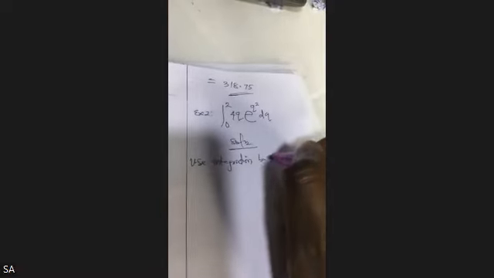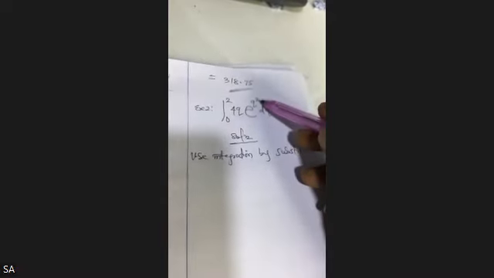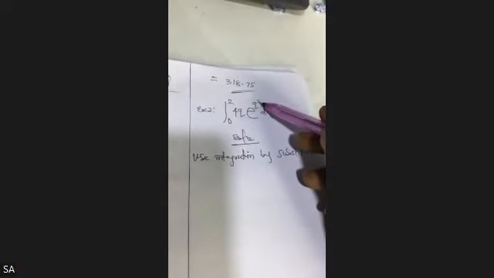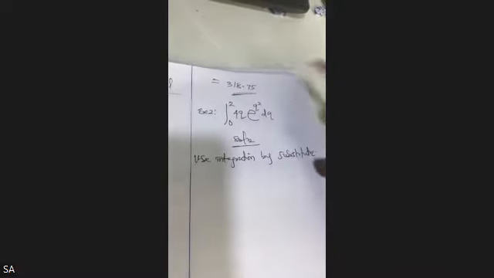Solution: use integration by substitution. Q squared definitely will give us 2q. 4q divided by 2q, we only have a number there, so you're good to go.